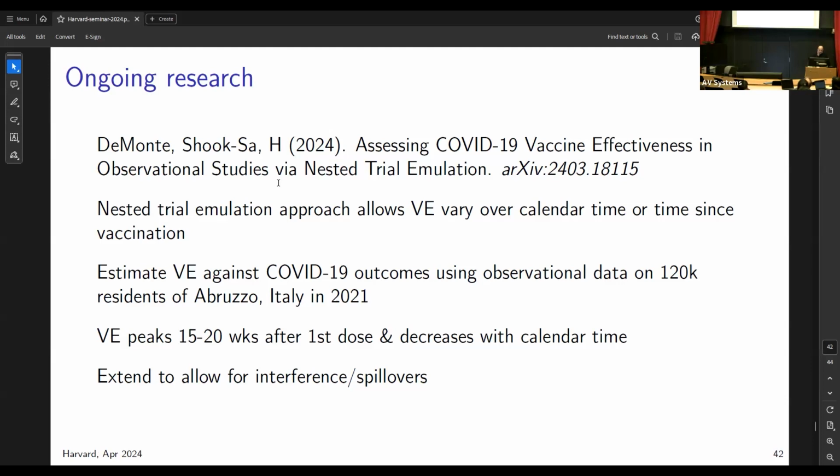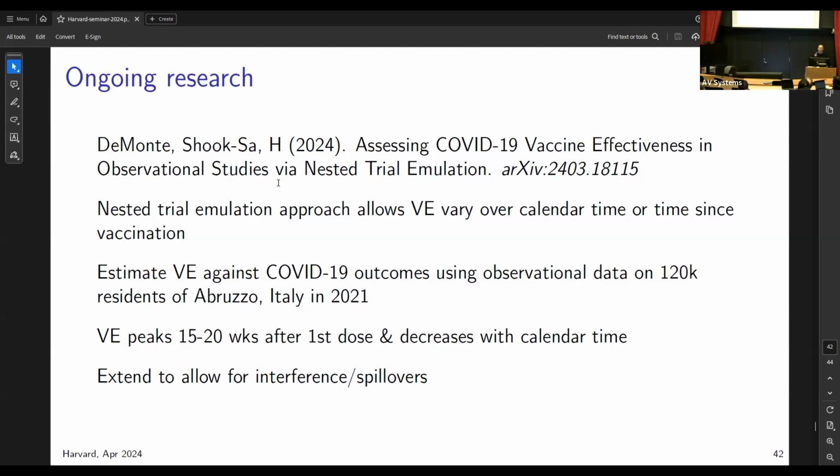In this paper, we do a nested trial emulation to try to assess the effect of COVID vaccinations using observational data, a relatively large data set from Italy in 2021. What we wanted to know when we looked at these data was whether or not the vaccine effectiveness was changing over time.